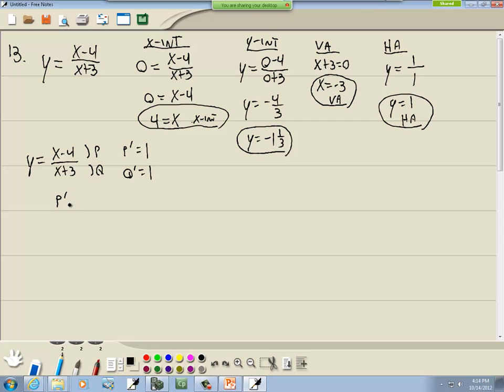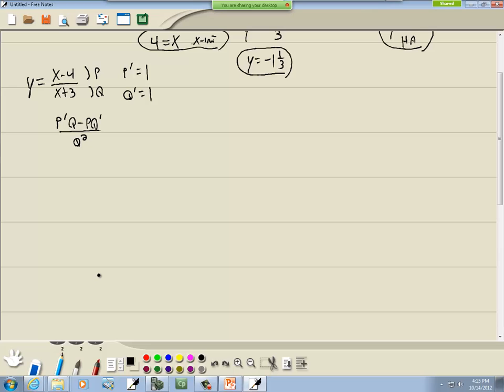So quotient rule, p prime q minus p q prime over q squared. So our first derivative, p prime was 1, times q, which was x plus 3, minus p, which is x minus 4, times q prime, which is 1, all over q squared.